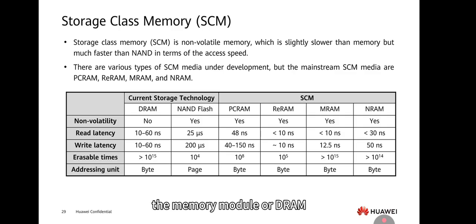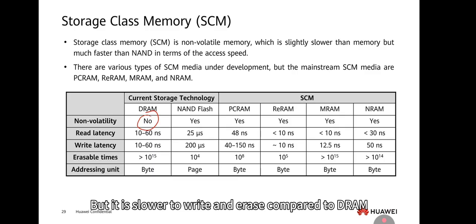Typically, the memory module or DRAM has high read or write speeds. However, because its capacitor leaks charge over time, DRAM needs to be refreshed regularly to maintain the stored data. In other words, a power outage can result in data loss. To persistently store data, you need to use NAND flash, a non-volatile storage technology, but it is slower to write and erase compared to DRAM.